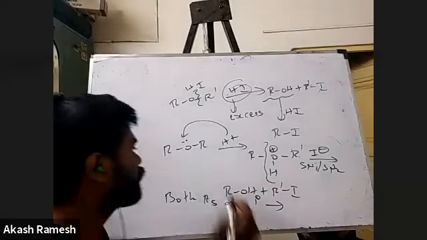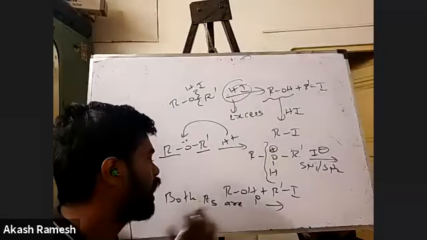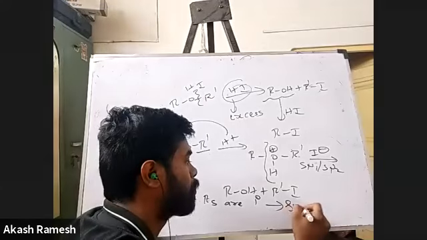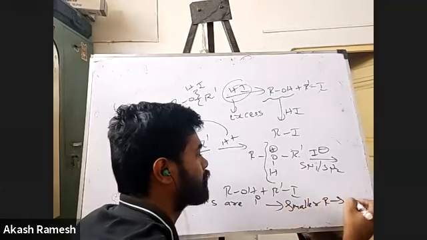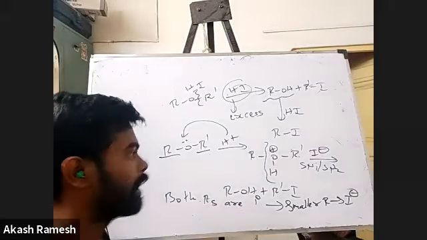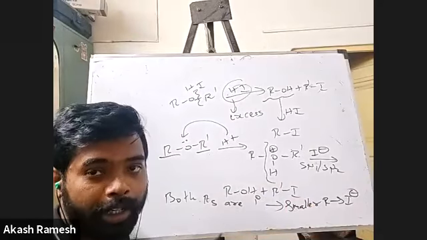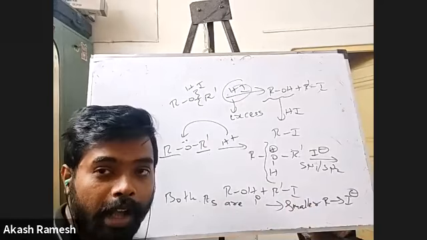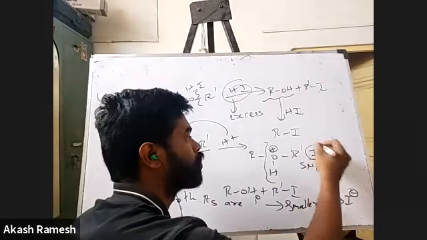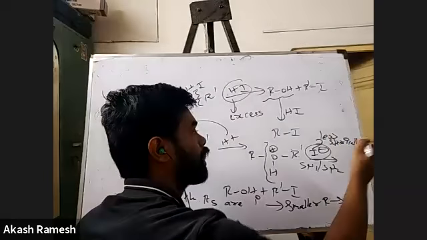If both R and R dash are primary alkyl groups, please understand, the smaller R gets the iodide. Remember it like this. Obviously, if both are primary, I'm going to have the SN2 mechanism happening because they are more reactive towards SN2. In that case, the I minus will try to attack the less sterically hindered alkyl group.